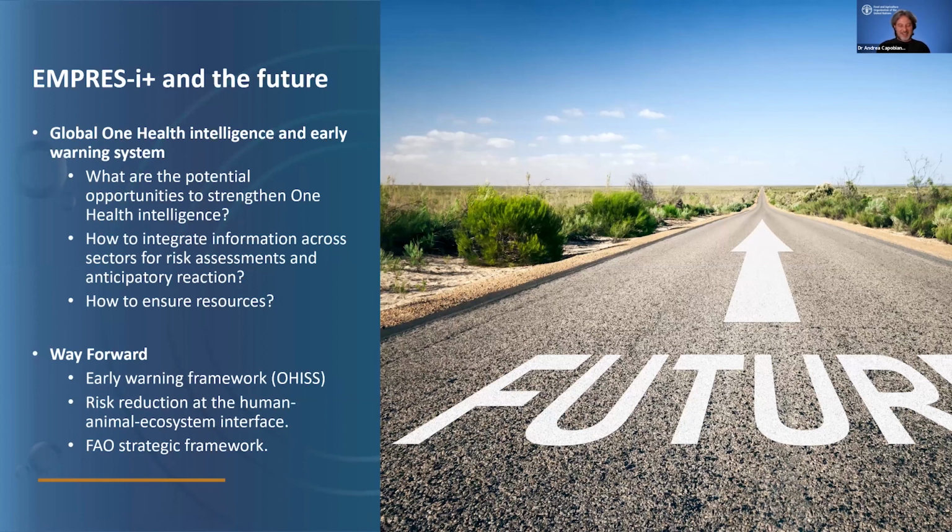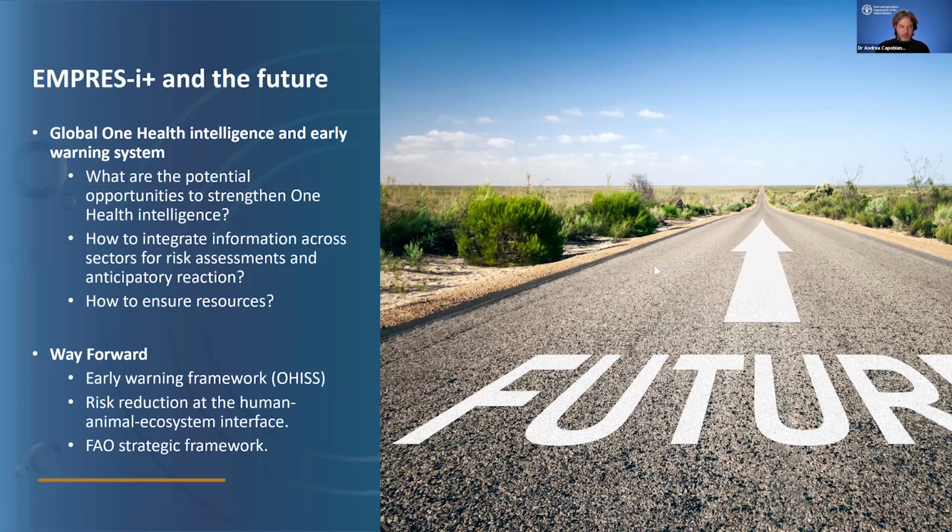This is what FAO and EMPRES-i foresee for the future. There are many open questions about global One Health intelligence and early warning, because there are many potential opportunities that still need to be identified, and it's necessary to see how we can strengthen One Health intelligence.